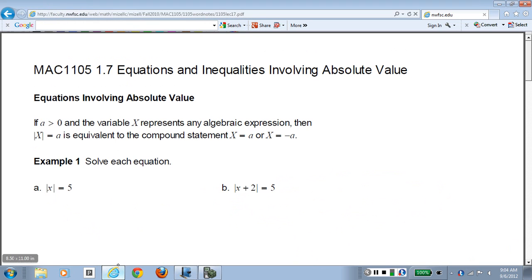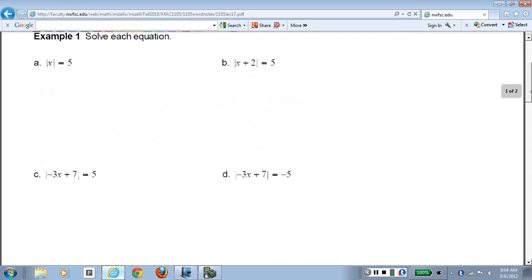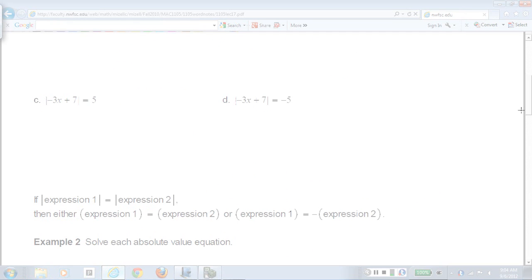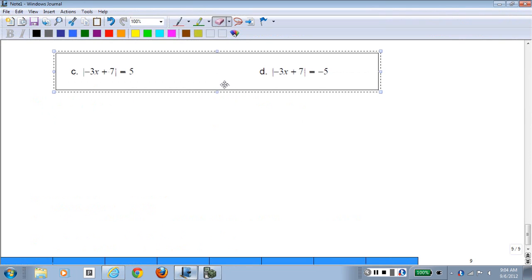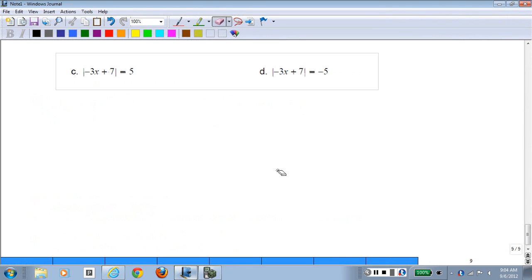The C part, is there a C part? C part and a D part, good. So a little bit more going on inside the absolute value bars, slightly less obvious what the final solutions might be. So we need to find an x such that negative 3x plus 7 equals 5.